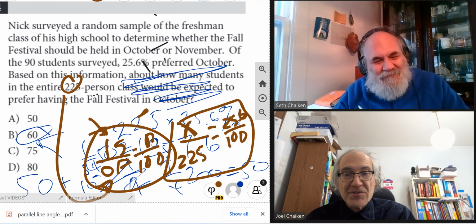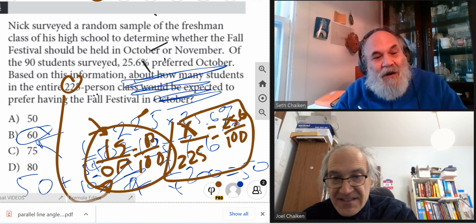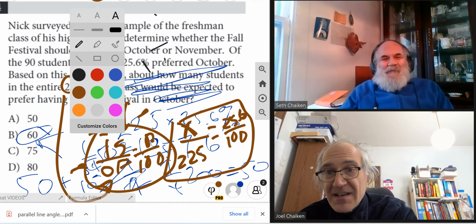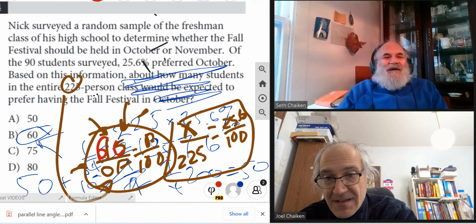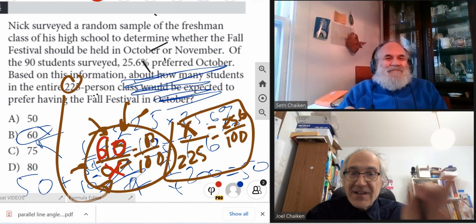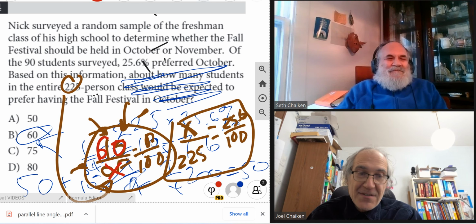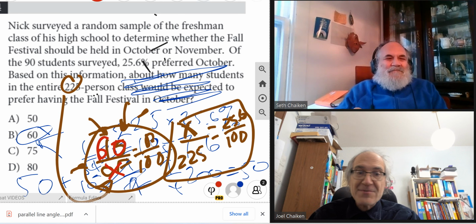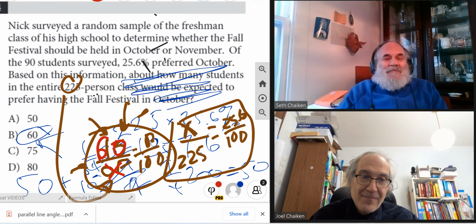How do you get the total number of people? This equation helps you because all you have to do is put the is here as 60, and then you solve for the of, and it makes it really easy to see how to do the backwards question. That's the one that when you look at it, you say, I have no idea how to do this. But if you have this equation in your pocket, the is over of is P over 100, the backwards question is just an algebraic thing.